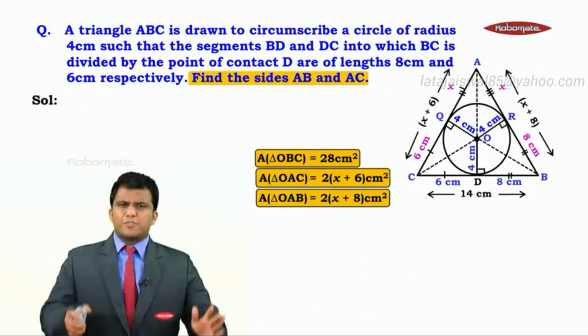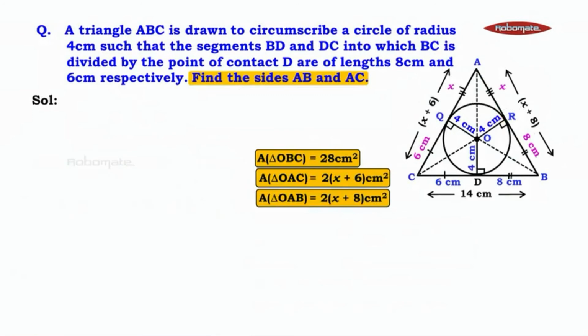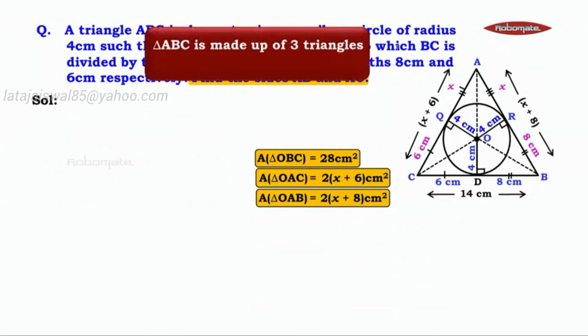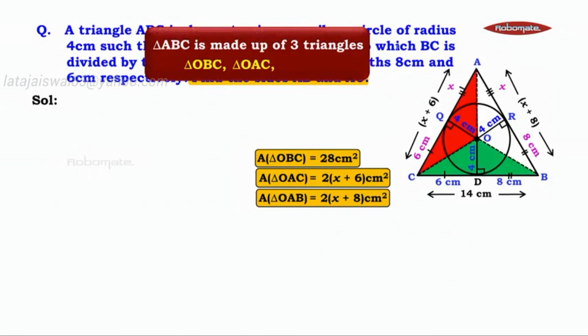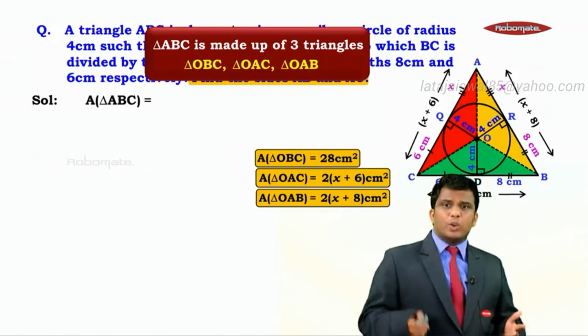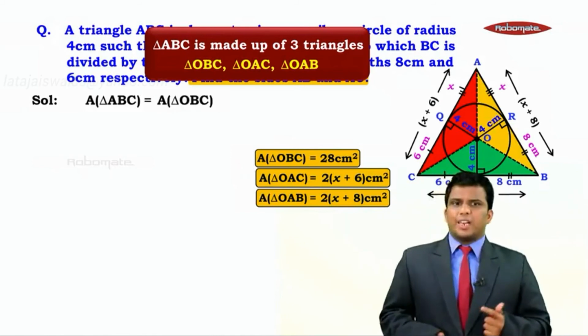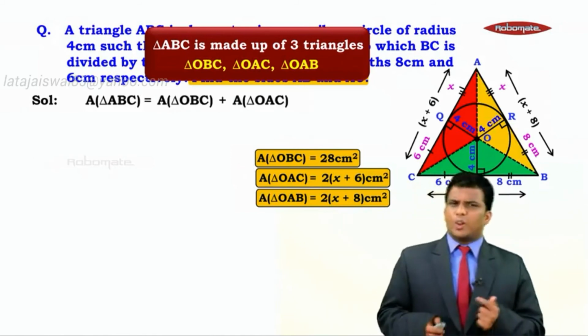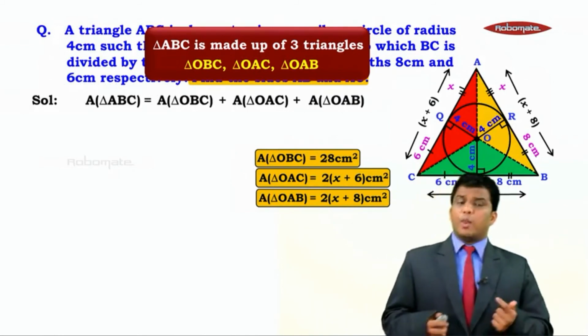So what we did is we found the areas of all three small triangles. But these three small areas are a part of a larger area, that is triangle ABC. Triangle ABC is made up of triangle OBC, triangle OAC and triangle OAB. Hence, area of triangle ABC is equal to area of triangle OBC plus area of triangle OAC plus area of triangle OAB.